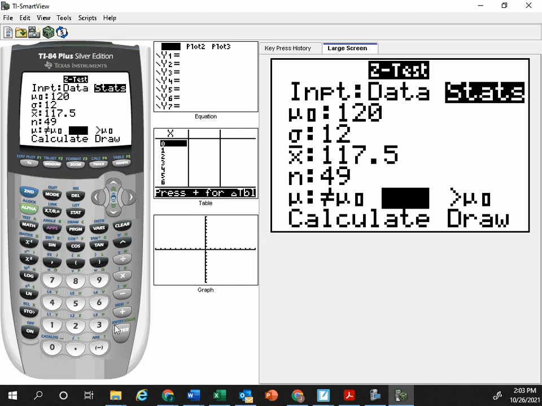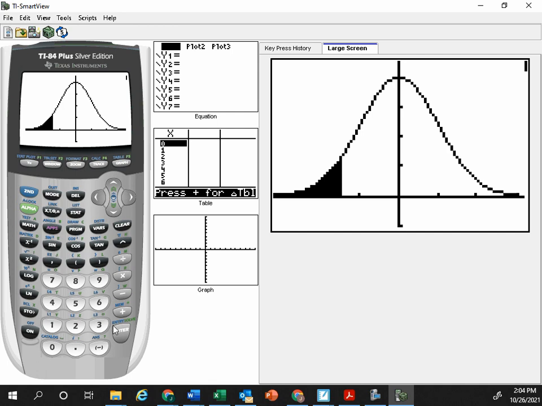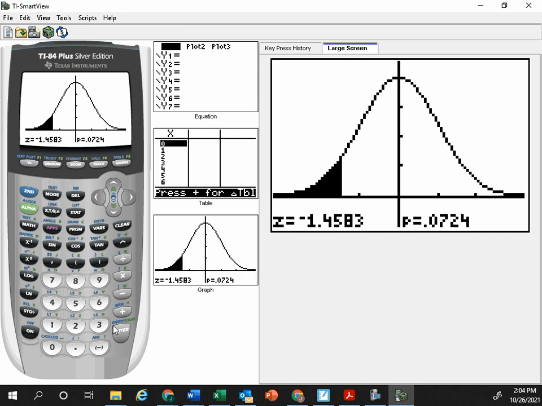Less than, so I pick that. And guys, don't pick just calculate. Go ahead and pick draw.